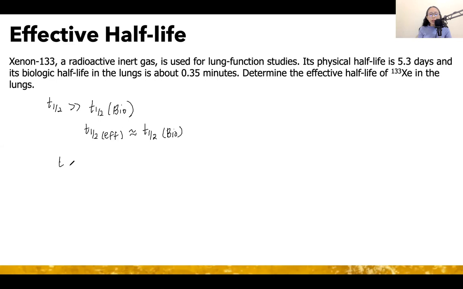Or if your biological half-life is much greater than your physical half-life, then your effective half-life will be close or equal to your physical half-life.